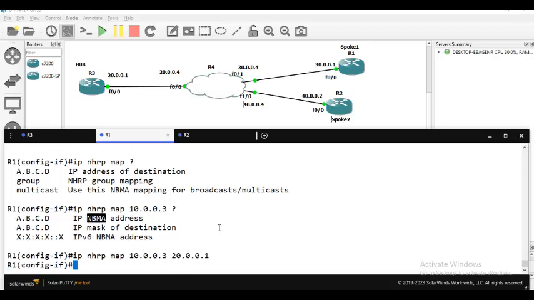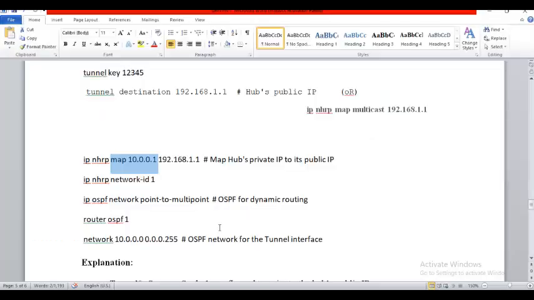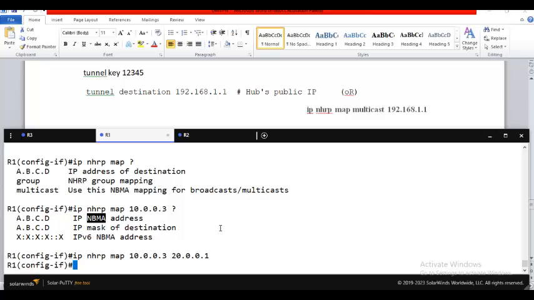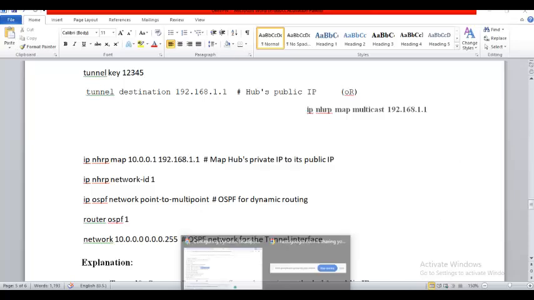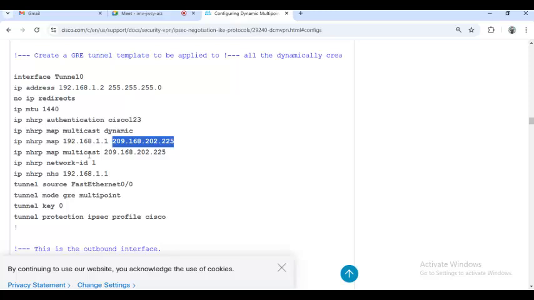Okay. We have to say this command only on the hub, but nothing wrong in saying who is the server on the client. So I'm going to give this IP address also, nothing wrong. So how many commands of NHRP are there? 1, 2, 3, 4 commands are mandatory.